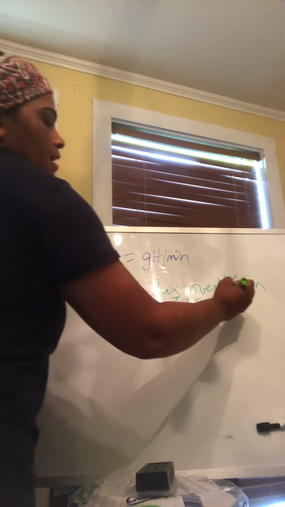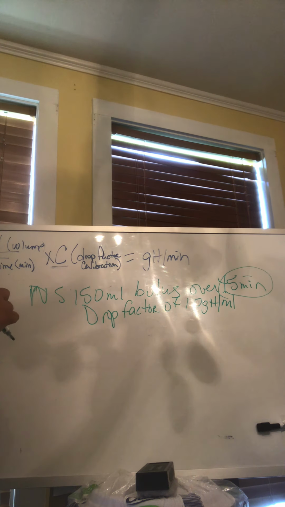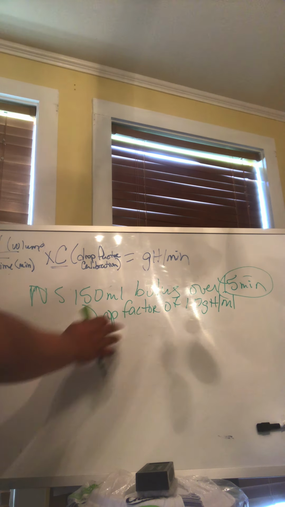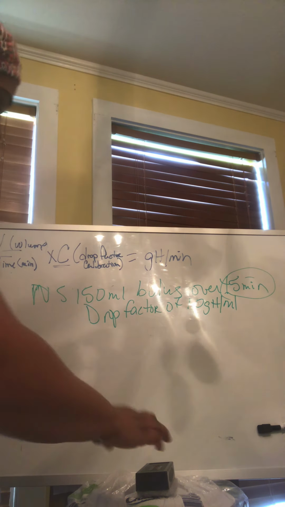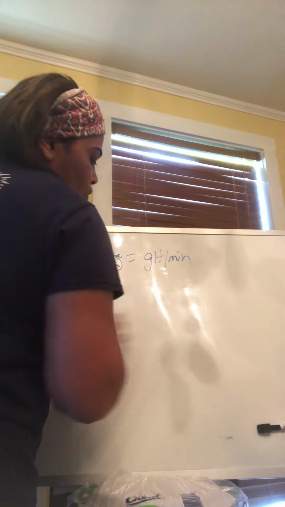No, I wouldn't, because it's 45 minutes, okay? So I would not be able to use the shortcut. Again, you use it if you want. If you do not feel comfortable, then go ahead and do it the long way.